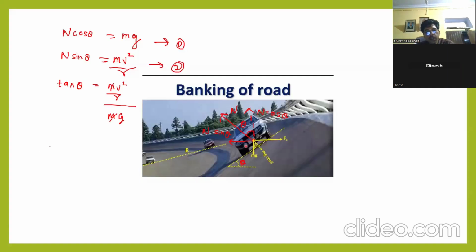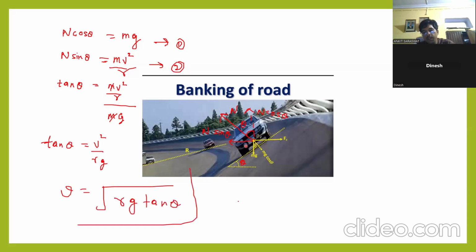Tan theta will be v square by rg. So v will be under root rg tan theta. This is the velocity when the component of the normal will balance the centrifugal force.